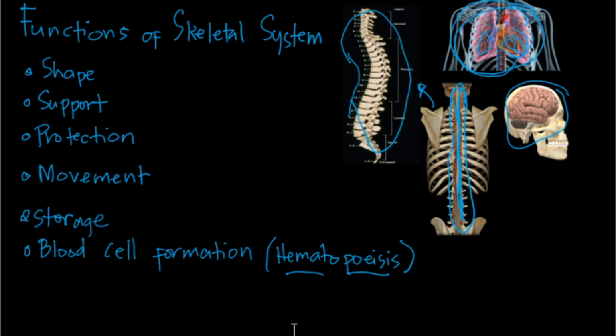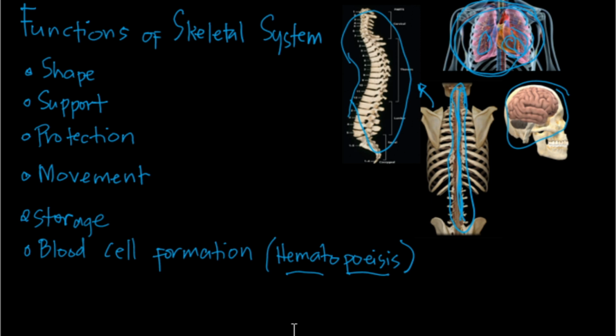We have the red blood cells, also called erythrocytes, the white blood cells, also called leukocytes, and the last one, the blood platelets, also called thrombocytes.